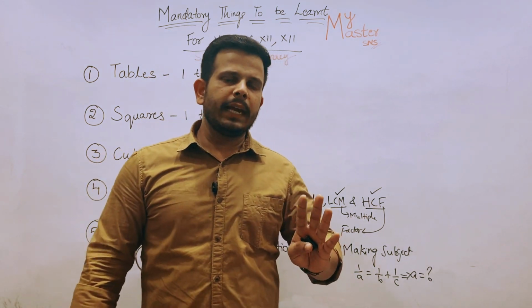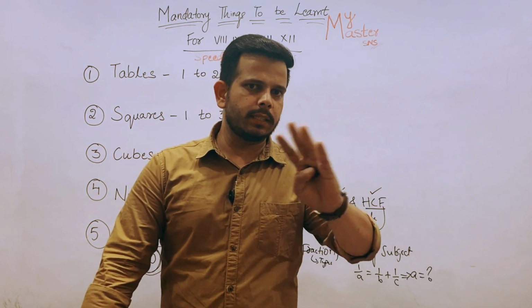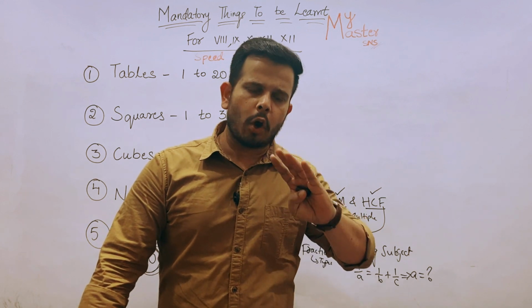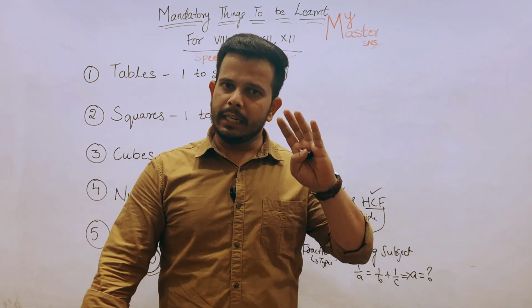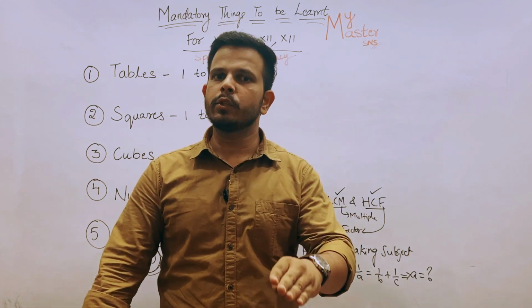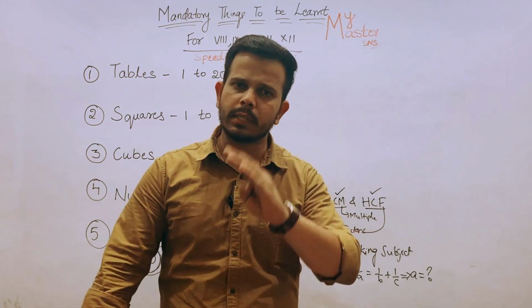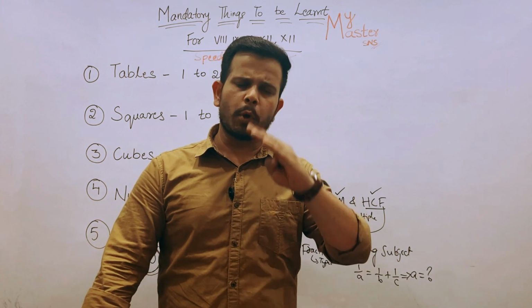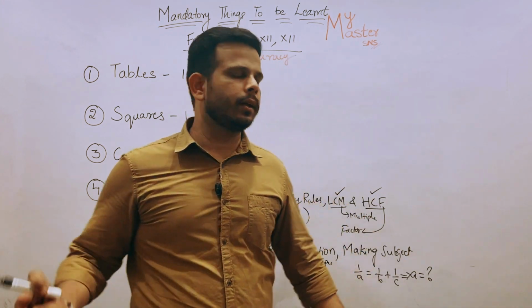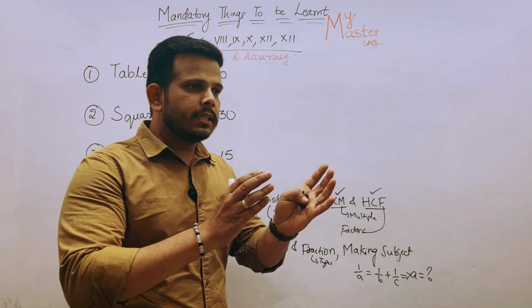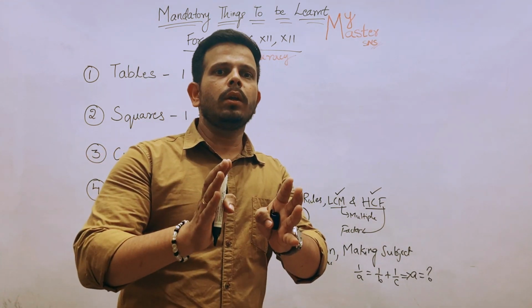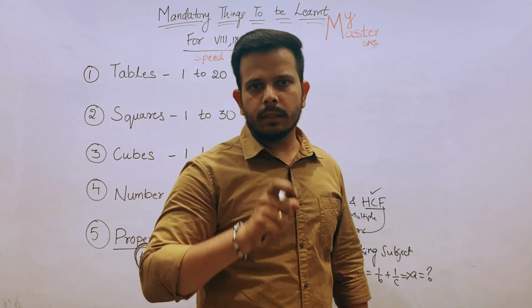Take mensuration, that is surface areas and volumes, whatever the topics you take: trigonometry, applications of trigonometry, linear equations in one variable, linear equations in two variables, quadratic equations, real numbers, statistics, polynomials, algebra, whatever you take, making subject plays a vital role in finding the solution.